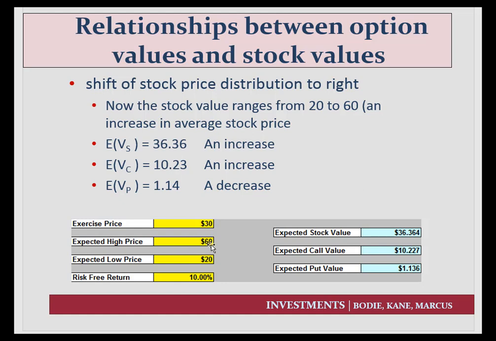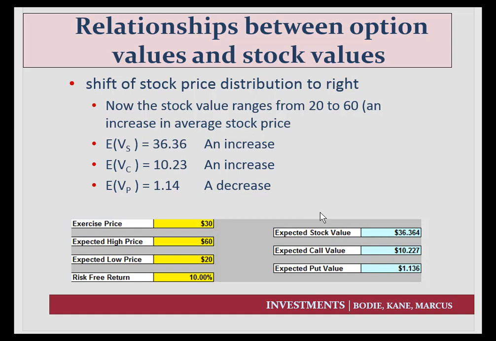The expected price is 60-20, where before it was 50-10. And what we'll find out is the stock price went up, obviously, because we moved it to the right in our distribution, but that also caused an increase in the call value and a decrease in the put.